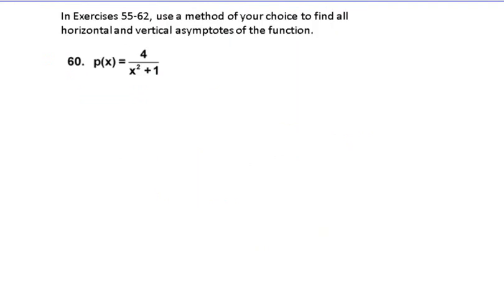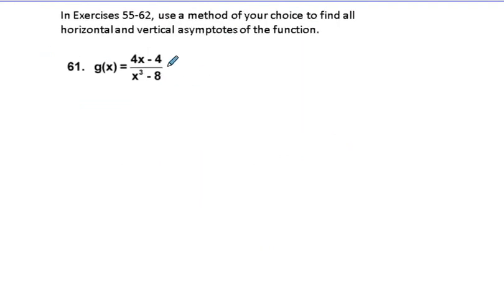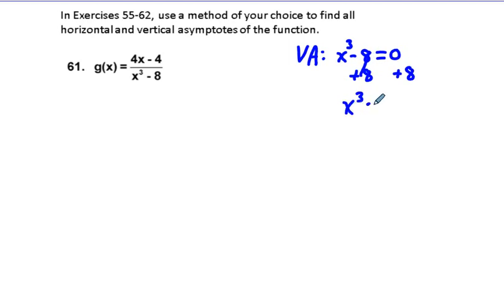Alright. The next one I'm going to work out here is g of x equals 4x minus 4 over x cubed minus 8. For our vertical asymptote, we take our denominator, x cubed minus 8, and set that equal to 0. Adding 8 to both sides, we get x cubed is equal to 8.